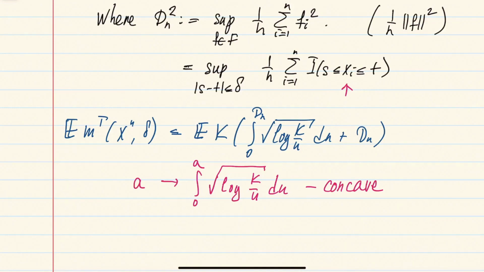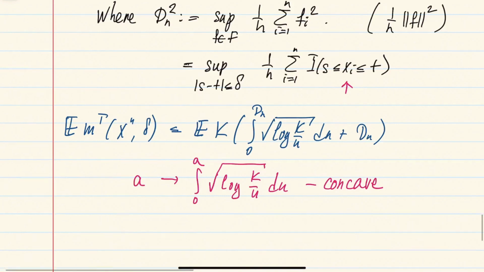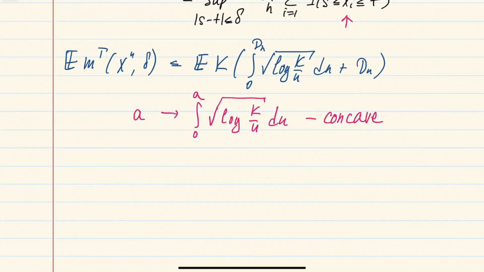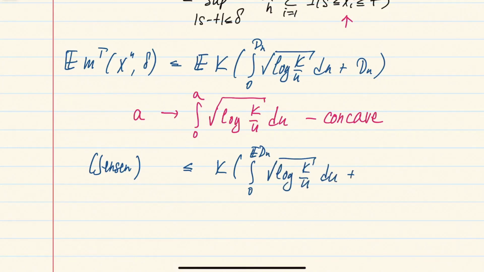And because this integral is concave as a function of the upper limit, you can take the expectation inside by Jensen's inequality. So by Jensen, you can write the above bound as K times the integral from 0 to the expectation of dn, plus the expectation of dn.